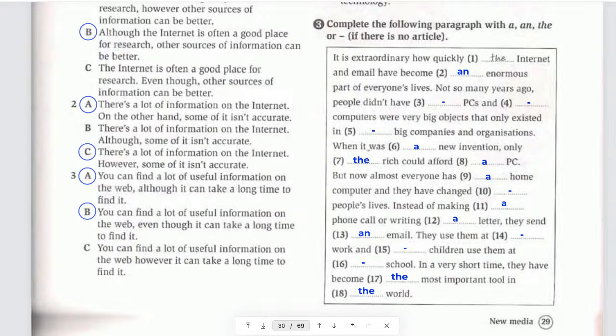When we are talking about something in general, and here we are talking about big companies and organizations in general. We are not talking about any specific companies or organizations in the world. We are talking about all of these things in general. That's why we don't use any articles here. Now number 6.